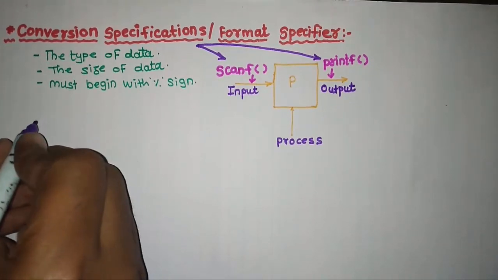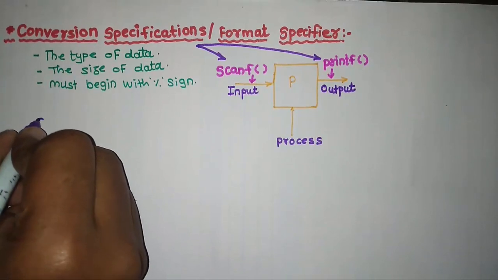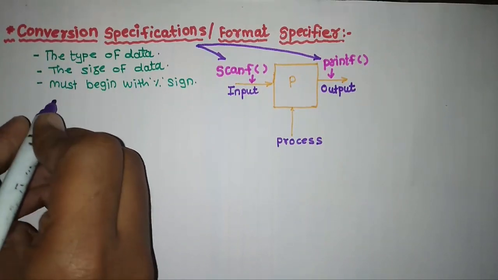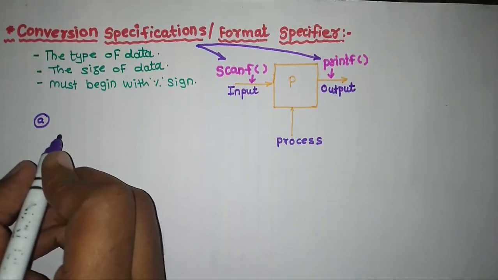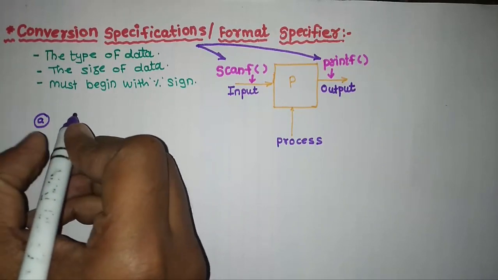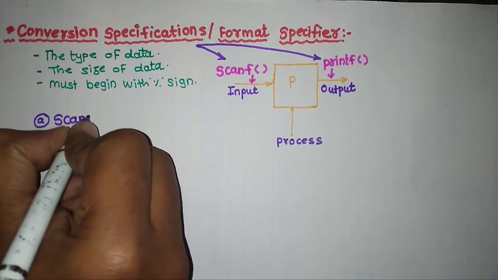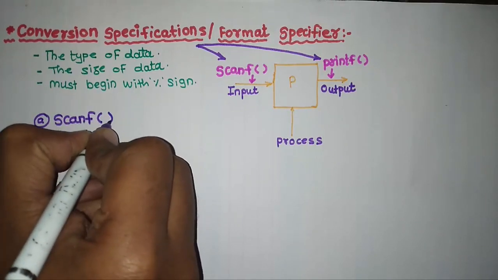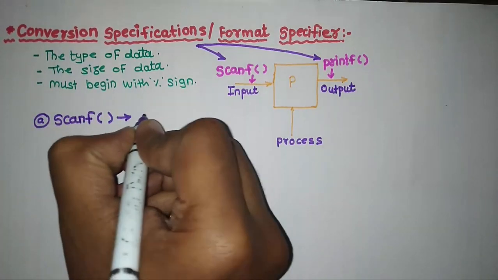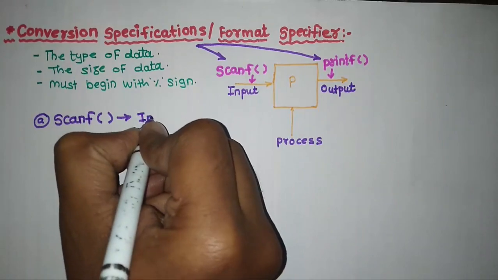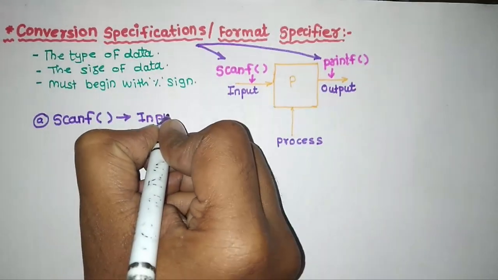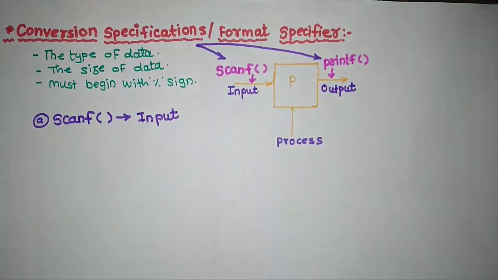So the first function is the scanf function. And this function is mainly used to take data as an input in a program.